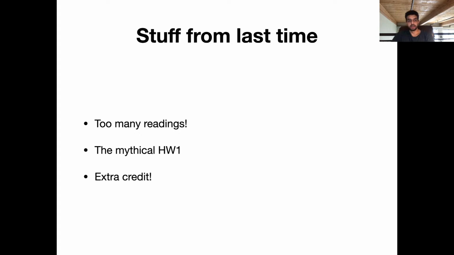The readings now have become very recent research papers, so it's totally understandable if you're unable to understand all of them completely. In fact, neither myself nor the TAs are able to completely understand most of these papers by just reading them. So don't feel bad about that.